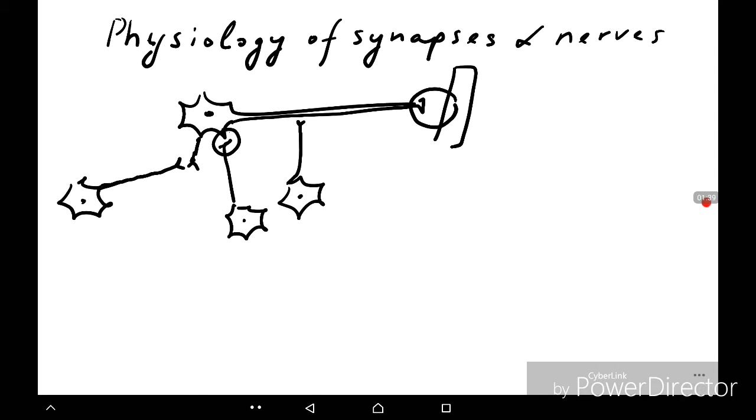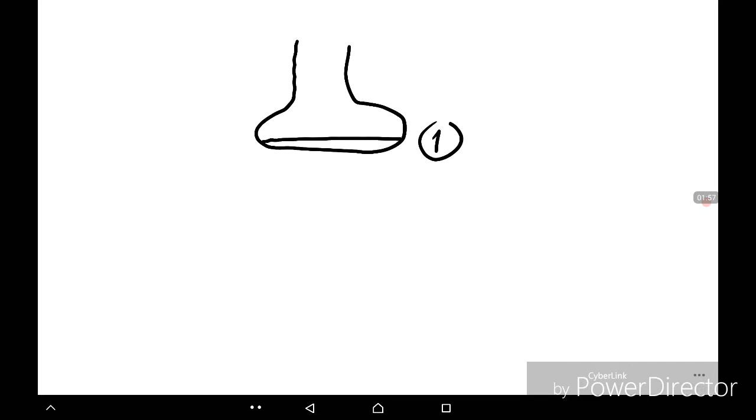Every synapse consists of three parts. We will draw the synapse. So, first part is the presynaptic membrane. This is an axon.